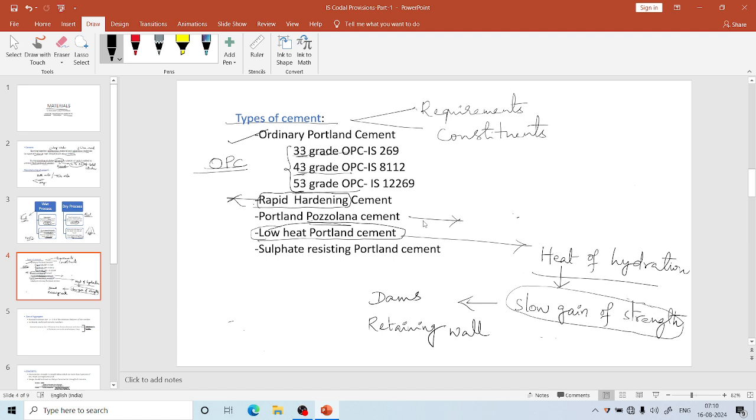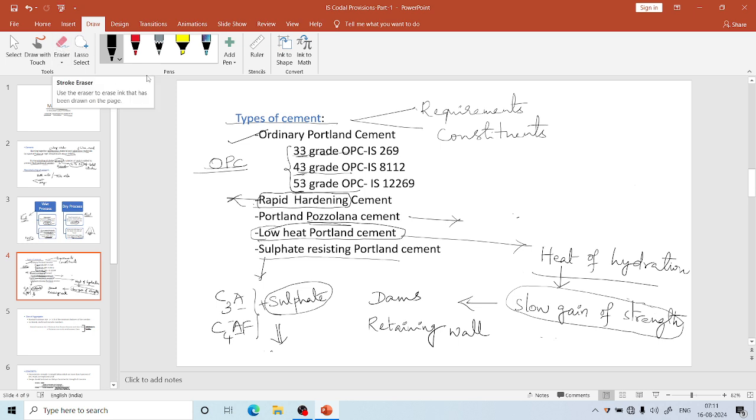And finally we are discussing sulfate resisting Portland cement. It is used where, if our cement has C3A and C4AF, this alumina reacts with sulfate in the external environment and develops material which results in disintegration of the cement. So in environments where sulfate may be present, we use sulfate resisting cement.